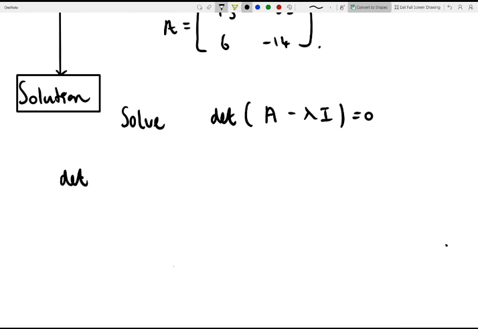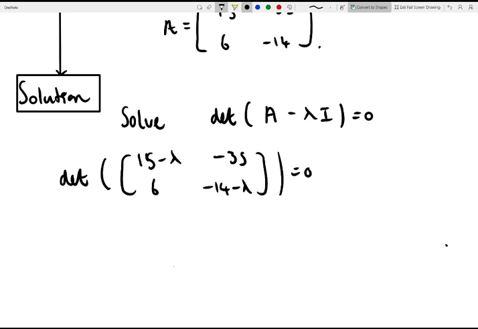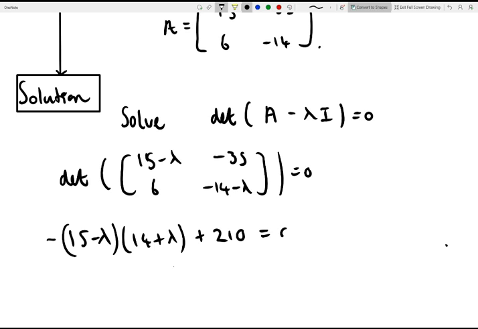So the determinant of (15 minus lambda, minus 35; 6, minus 14 minus lambda) equals 0 is 15 minus lambda times minus 14 minus lambda, so let's put the minus out the front, minus 35 times 6, so let's say that's plus 210, equals 0.